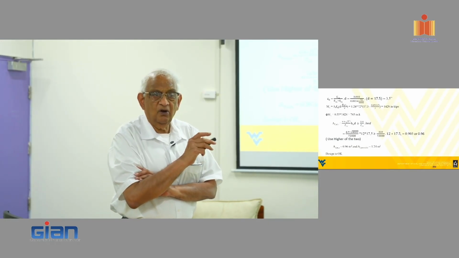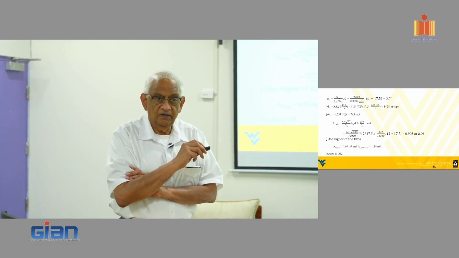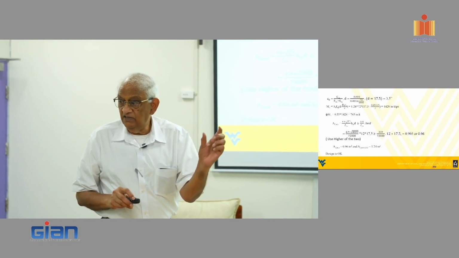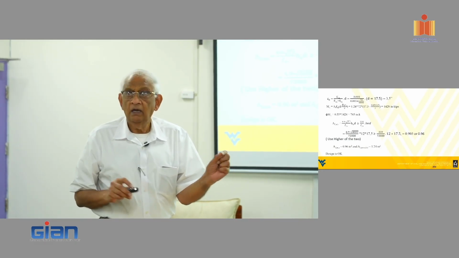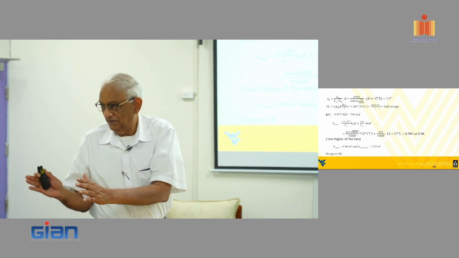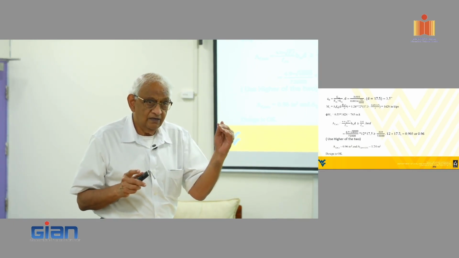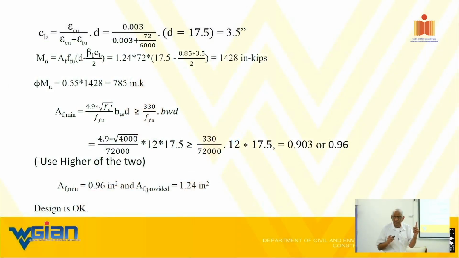You may not know how to derive that equation. You know where it's coming from? It is coming from, we equate the first crack moment that must be resisted by the reinforcement. And that's how we arrive at that minimum, so that when it has a very first crack, it's not going to have a catastrophic failure. It will be held on together before the crack opens up. That is my emphasis.